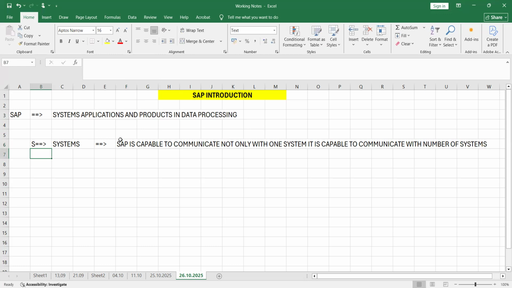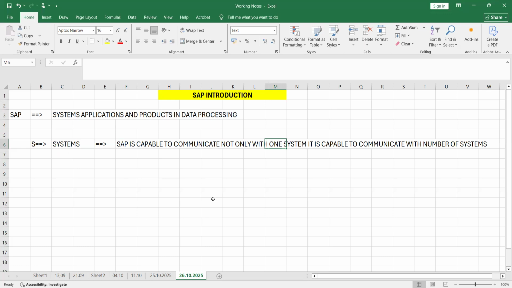Clear? What do you mean by a system here? It could be a software. SAP is capable to communicate with a number of systems. That is the reason it is called systems, not system.